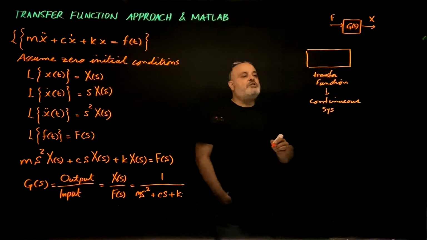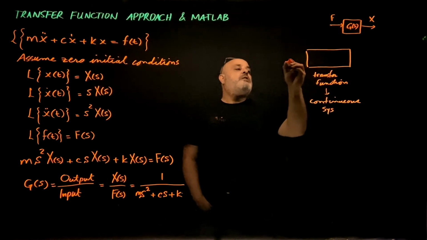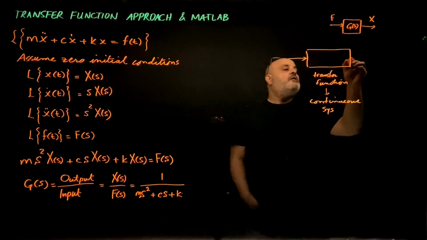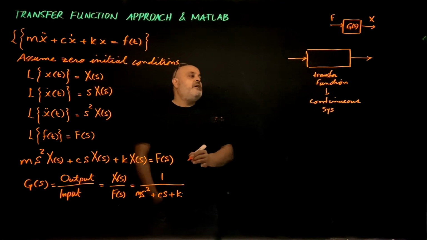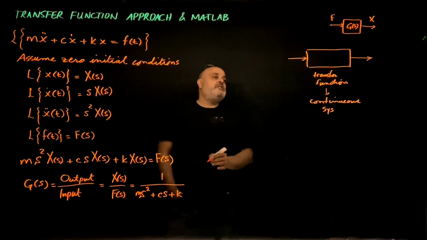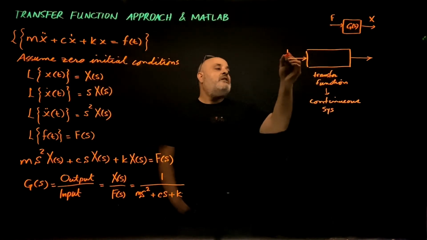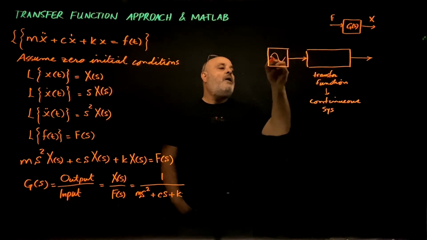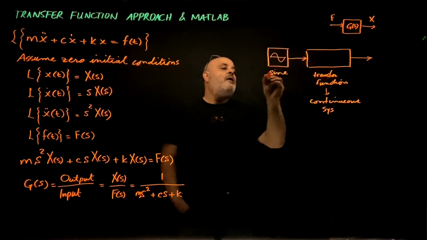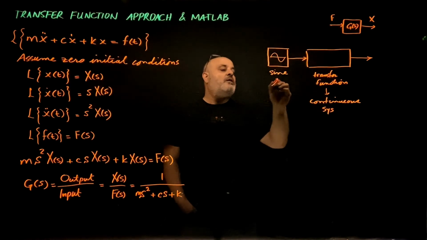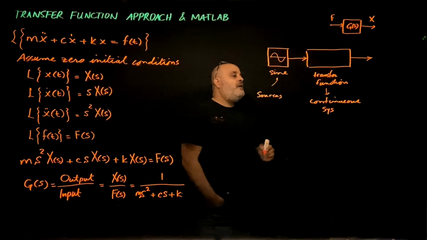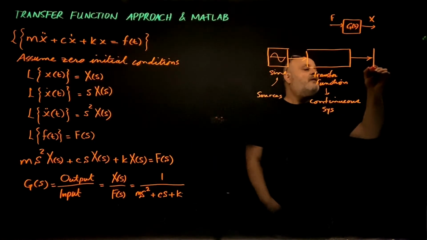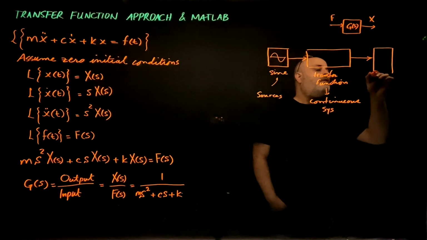You'll find the transfer function block, and you can use any input. For example, for sinusoidal excitation, you can use a sine block, which you can find under sources, and you take the output of the transfer function.